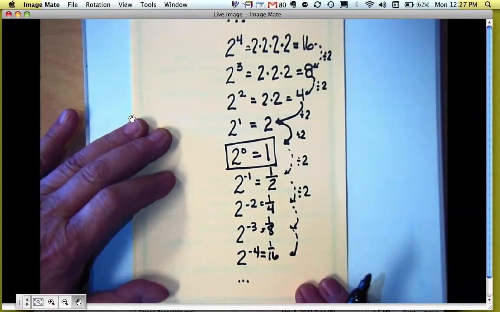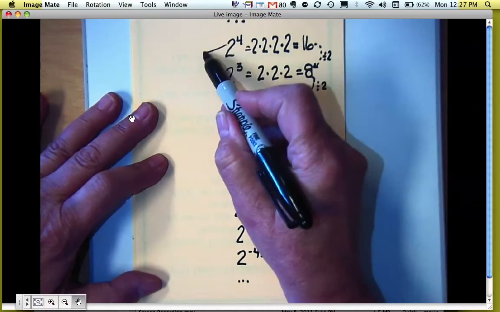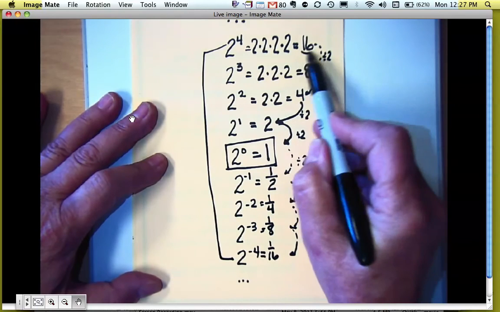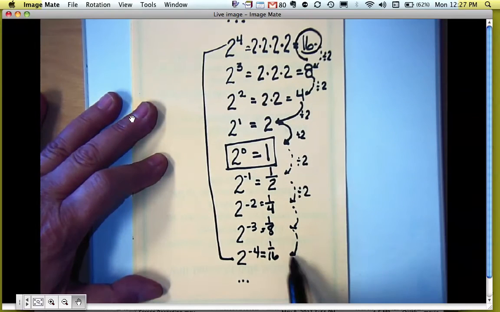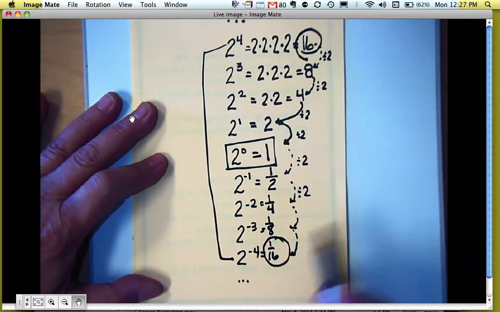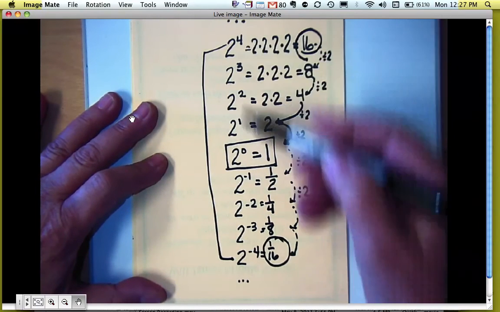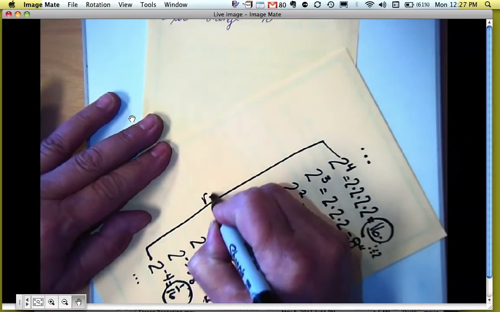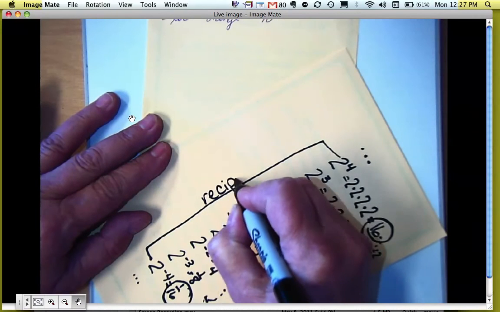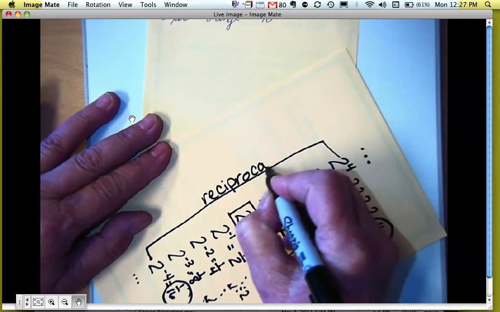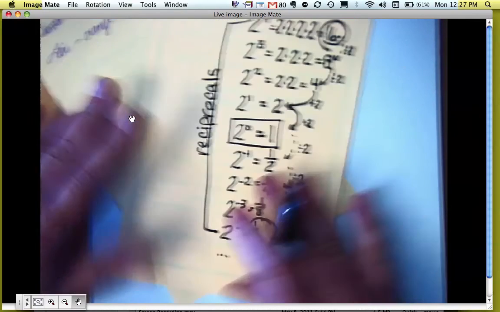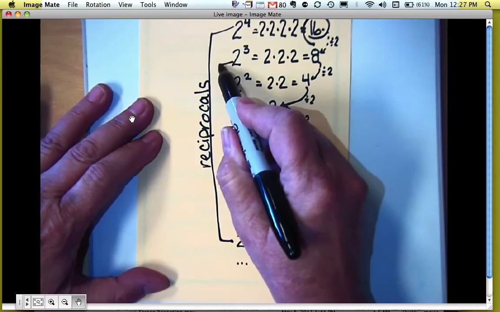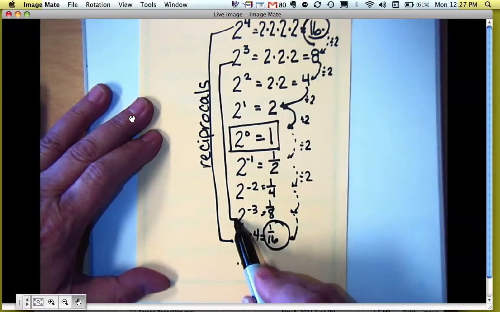Now if we look at our 2 to the 4th and our 2 to the negative 4th, you notice we have 16 and we have 1/16. So 2 to the 4th and 2 to the negative 4th are reciprocals. You also notice the same thing applies, of course, to 2 to the 3rd and 2 to the negative 3rd.